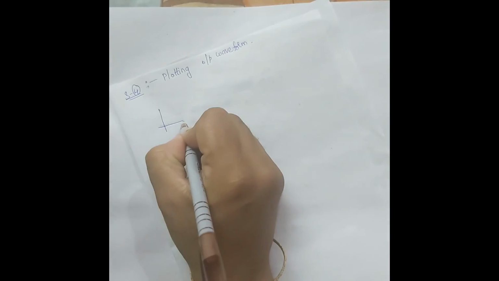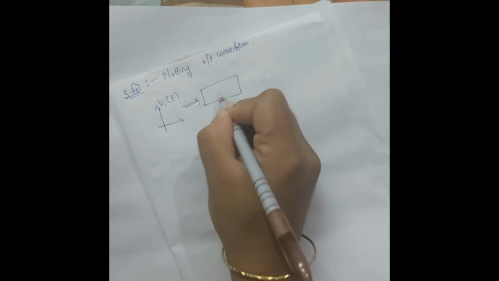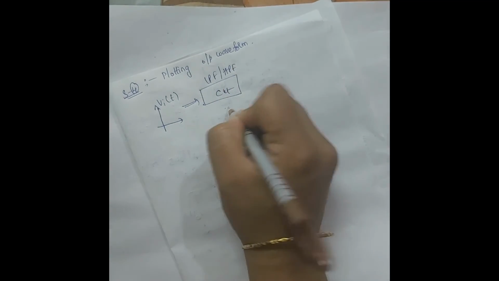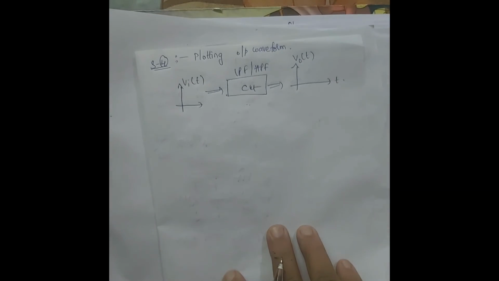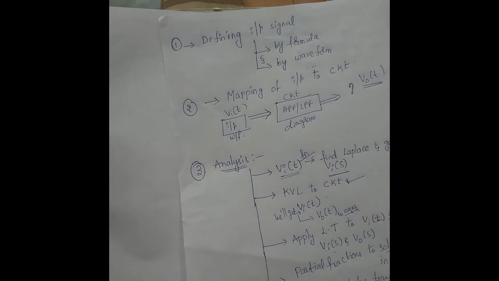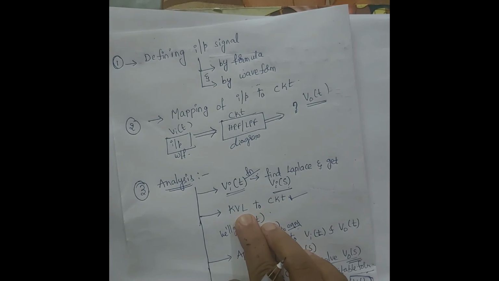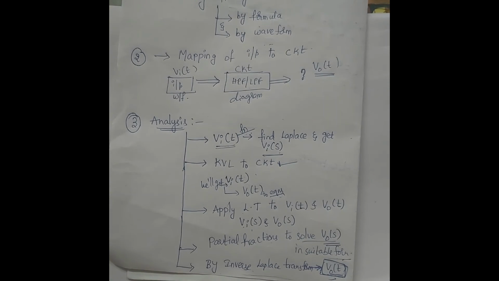So, Vi of t is given to that circuit, whether low pass or high pass, and we draw that circuit here and represent the output with a graph. These are the simple steps for finding the response for sinusoidal, step, pulse, square and ramp inputs. These are all the basics of your linear wave shaping.